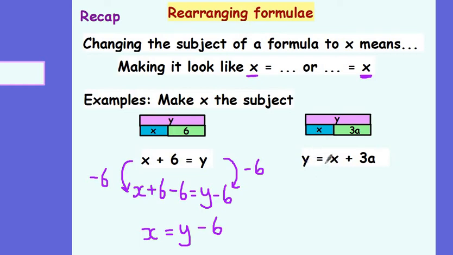If I've got y is equal to x plus 3a, and I want to make this look like x on its own on one side of the equation, I need to subtract 3a from both sides.